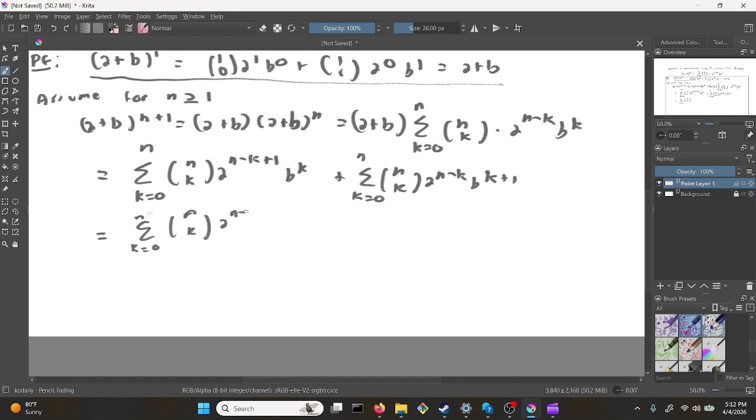So this left sum stays the same, but we move over this sum on the right by 1. And we want this to be n choose 0 to n choose n. This is going to start at 1, so we subtract by 1.